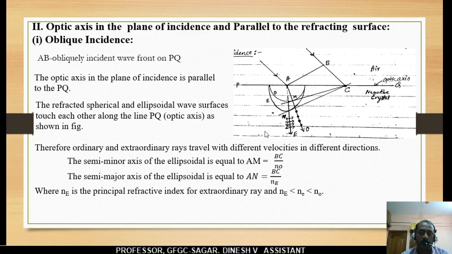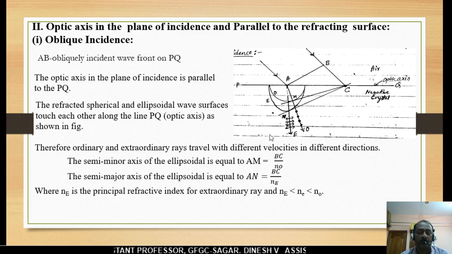The same explanation is required here, but I can't show it in this slide. Hence, you can refer to the same derivation, starting with the time interval t equals AM by V naught for the ordinary ray, and t equals AN by VE, the velocity of the extraordinary ray, for the extraordinary ray.